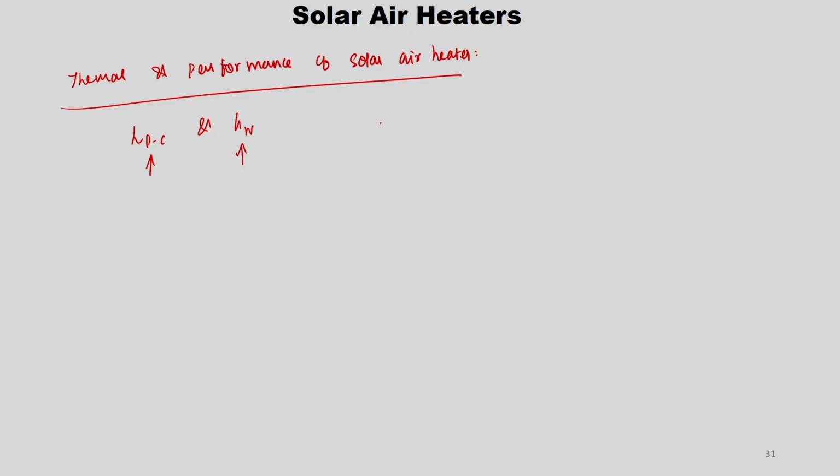So, here also we use two heat transfer coefficients, HFP and HFB. So, what is P? This is the absorber plate. This is the bottom plate and in between the air is flowing. So, this is the air passage.